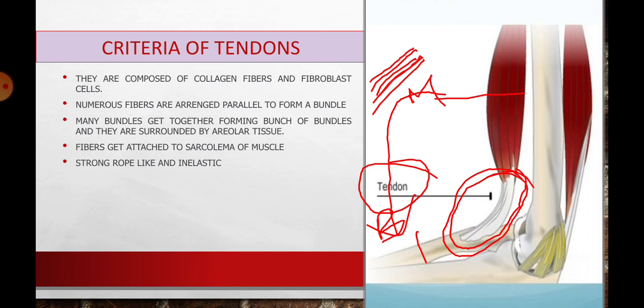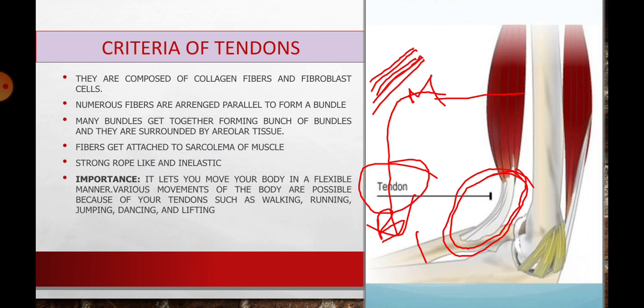Tendons are very strong, and they seem to be like rope, and they are inelastic, as the fibers that constitute the tendons are not elastic, and that's why they cannot return to their form so easily.